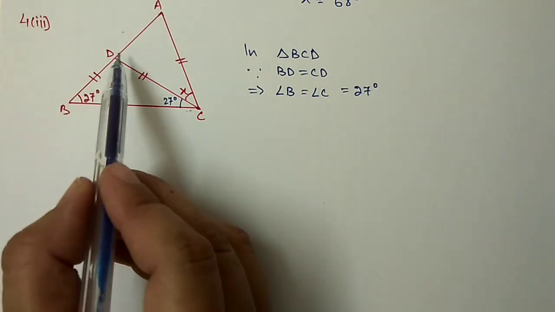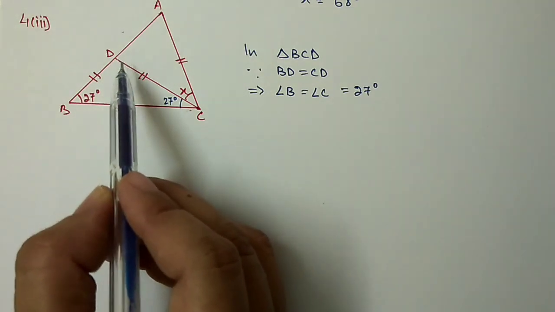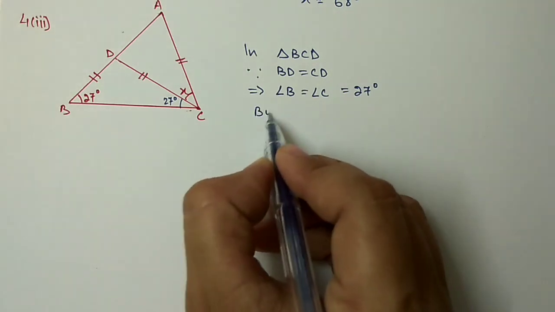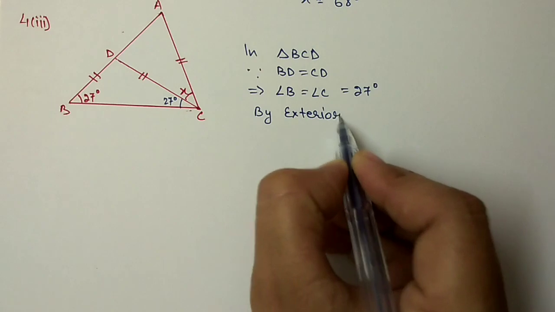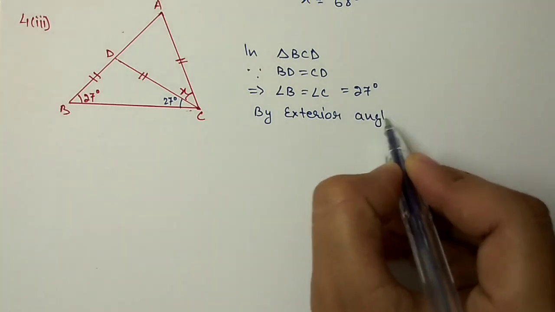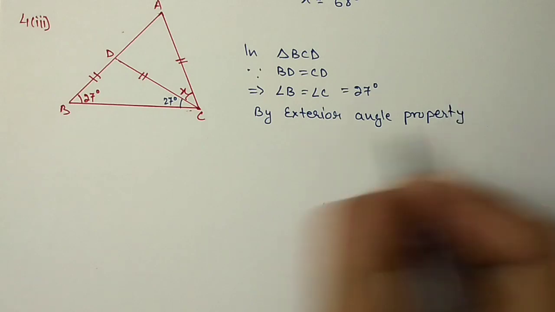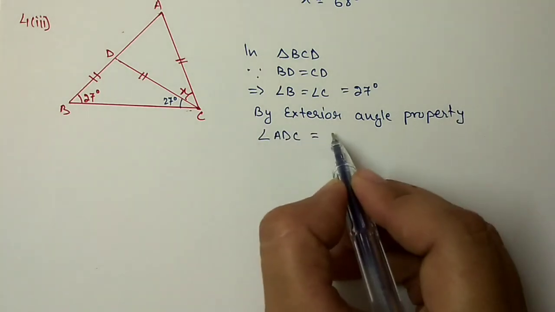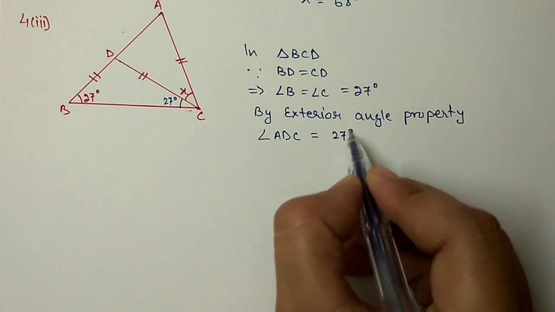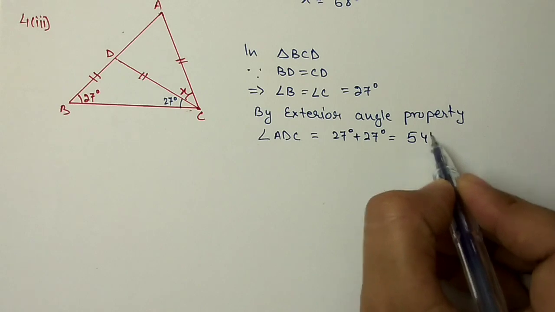Now we will find out this angle. For this triangle, this D is the exterior angle. So by exterior angle property, angle ADC will be equal to 27 plus 27 equal to 54 degree.